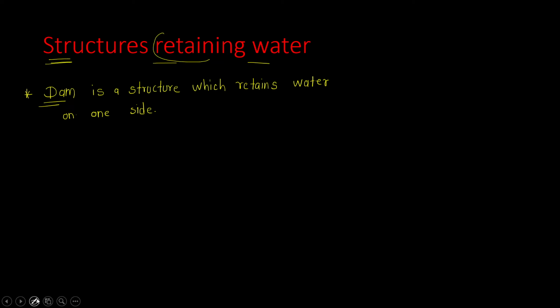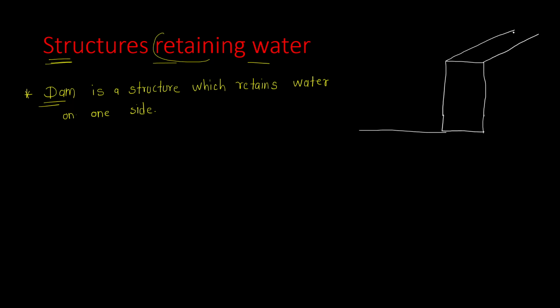We'll try to draw the diagram of a dam here. Basically a dam is nothing but a wall which is restricting the flow of water. Now this is the dam. This is the length of the dam, it is extending here.